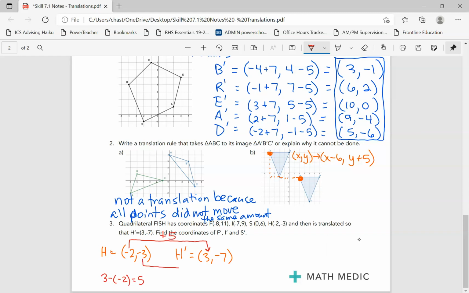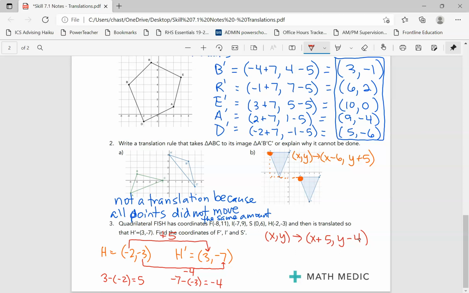And then what did I do to the -3 to make it become -7? Well, you take -7 minus -3, which gives you -4. So we subtracted 4. So the rule then becomes x, y becomes x plus 5, y minus 4.